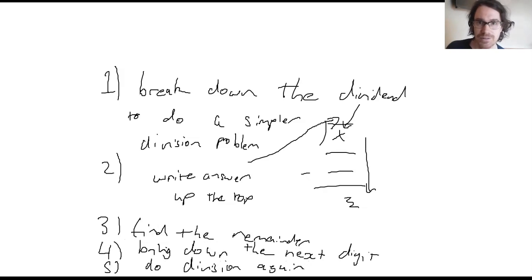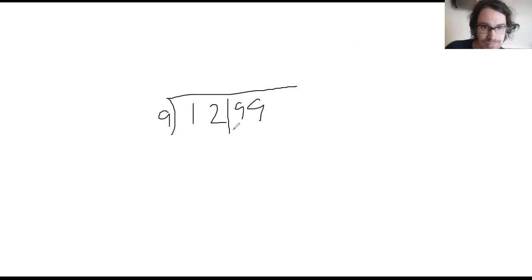So what does this mean? 1,299 divided by 9. So we break down the dividend through division. Find the remainder, bring down the next digit, 9. We do division.